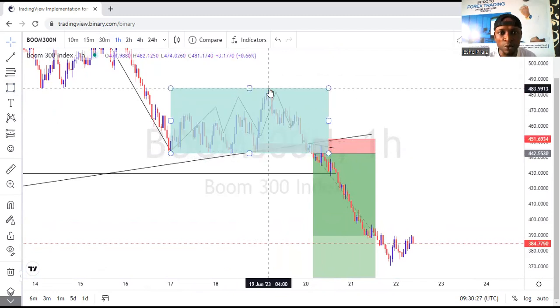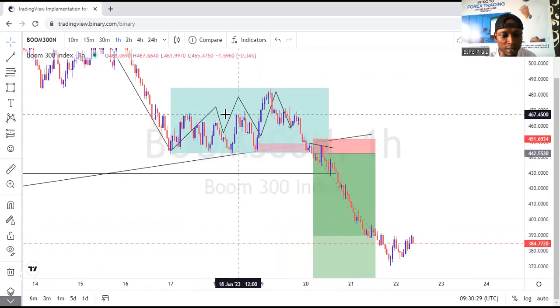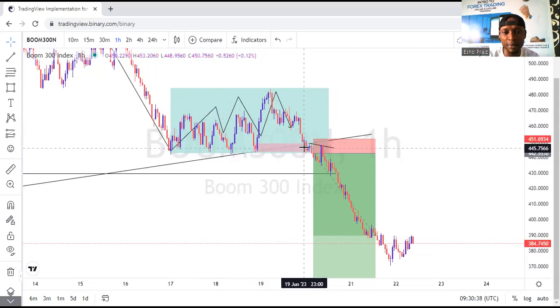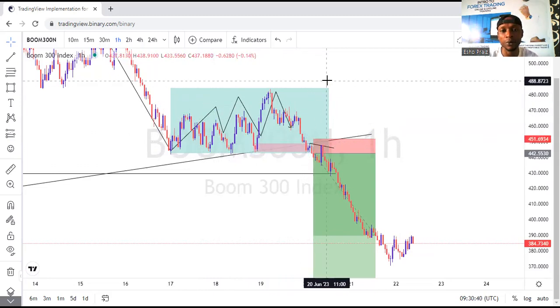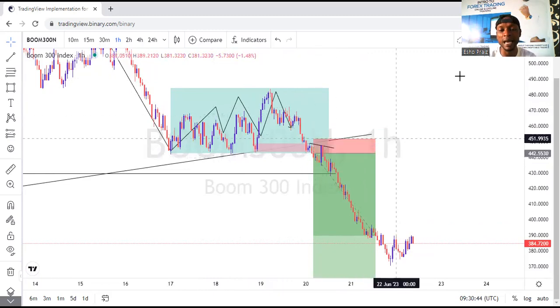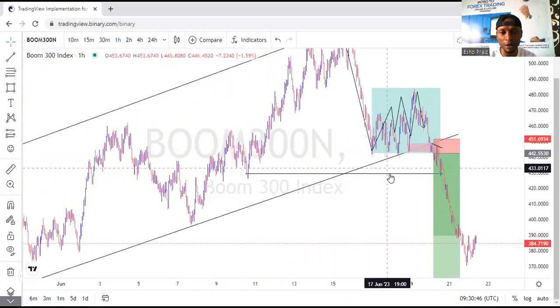So when the market goes up to sweep all this liquidity here, understand? As the market was selling, I thought that the market would go here and start spiking up, right? Instead, the market broke the trend line. You get me now?